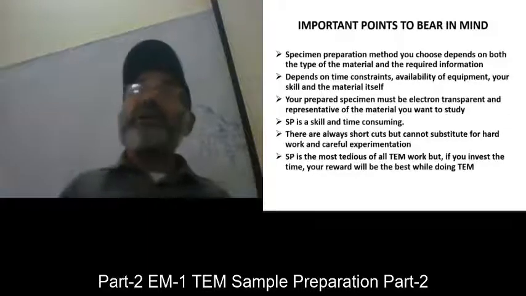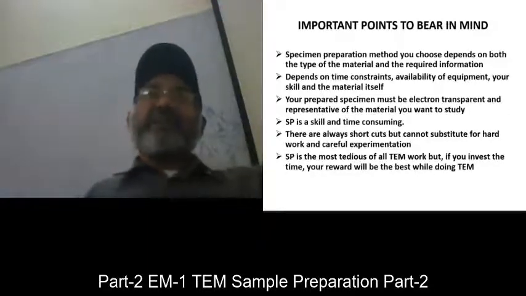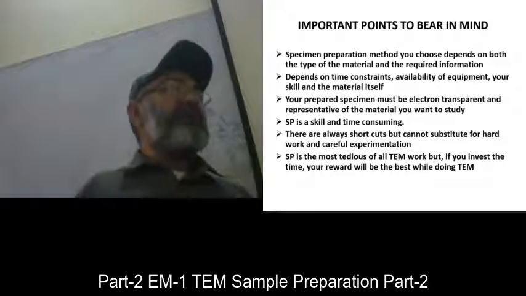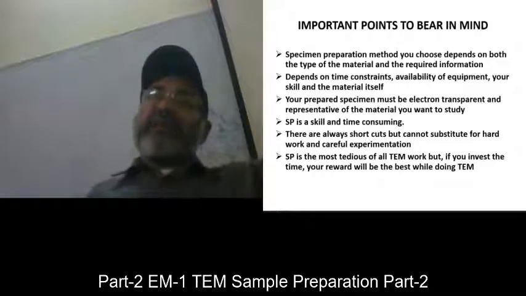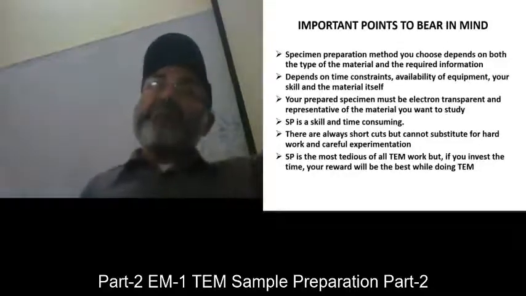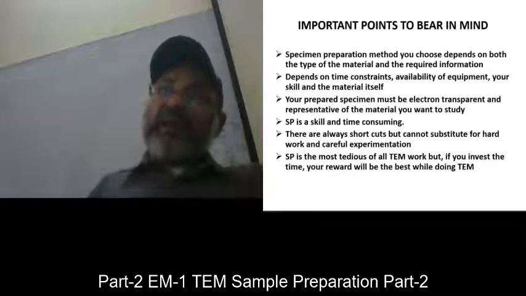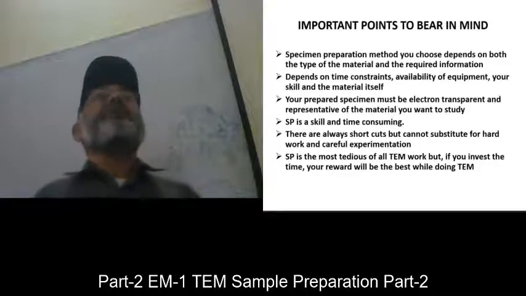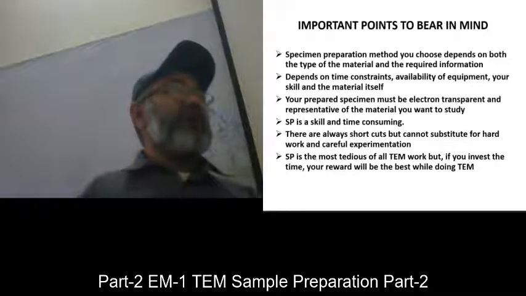For example, this wall you are studying, and you cut a piece from the edge, it is not representative of it. The best thing will be that you cut a piece from the edge, a piece from the middle, a piece from the surface, a piece from the bulk, and then you look into it, and then you will be able to tell something about the composition of the wall.